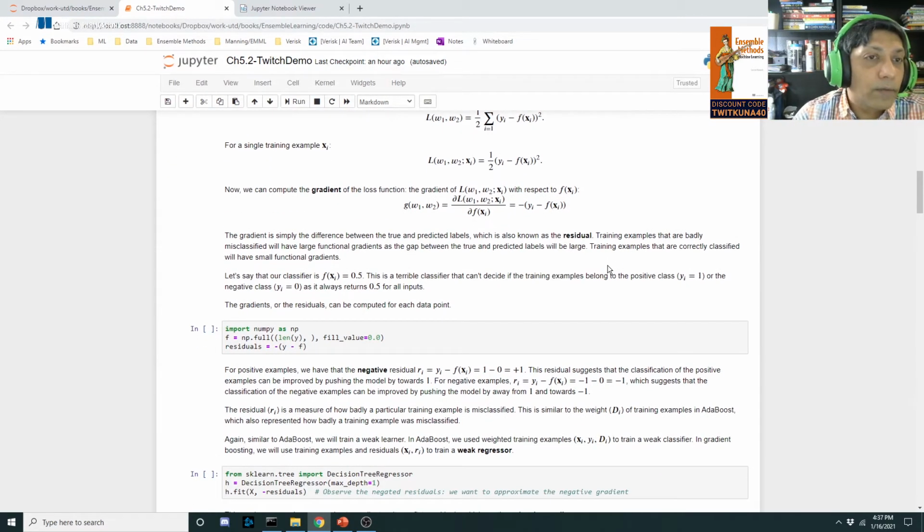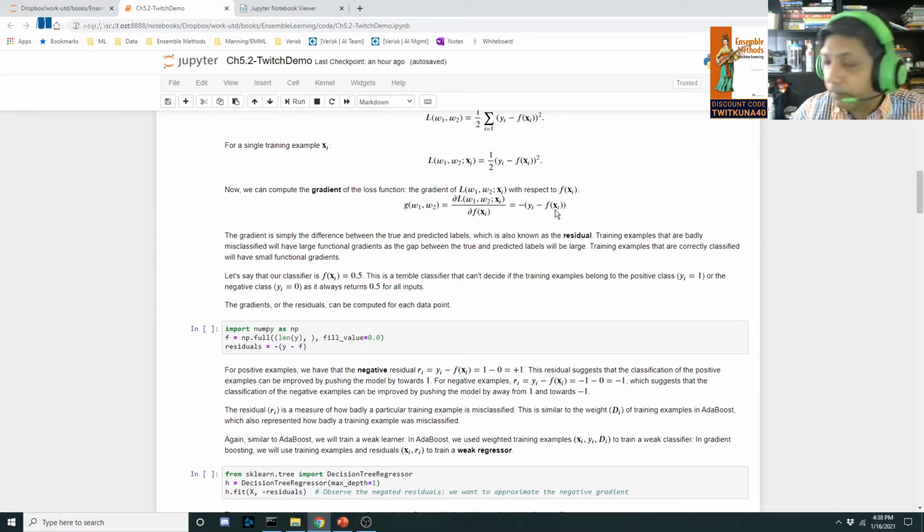The gradient for the squared loss, you can also compute with respect to your f. And if you remember your gradients from calculus, that's what we've done over here. For one single example, the squared loss is going to be y minus f squared, and so the gradient is going to be minus y minus f.